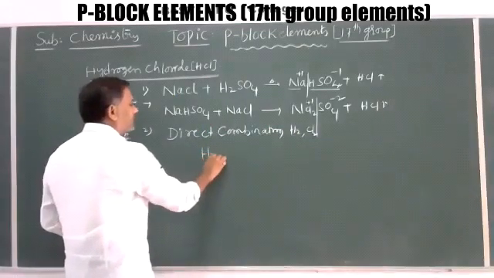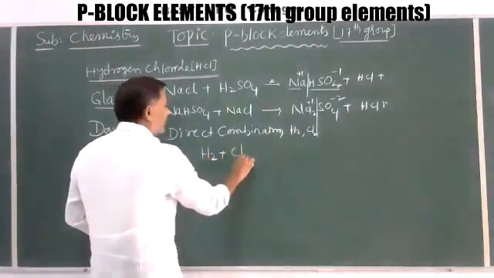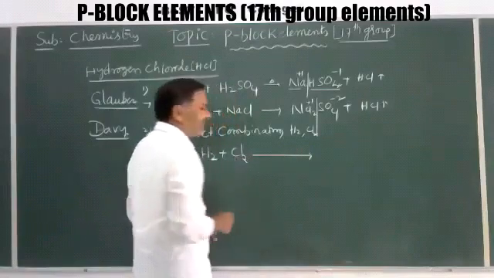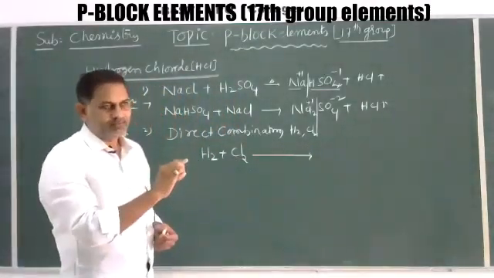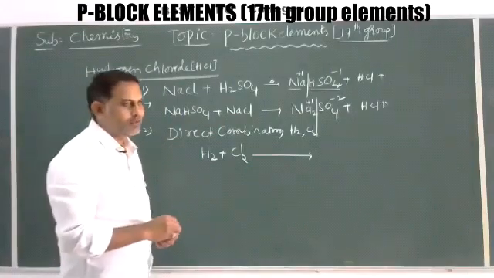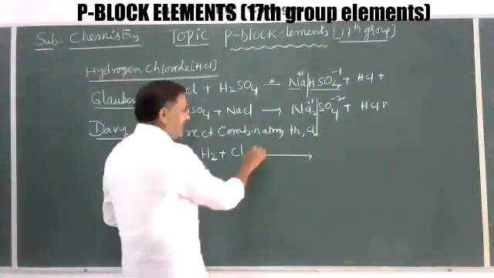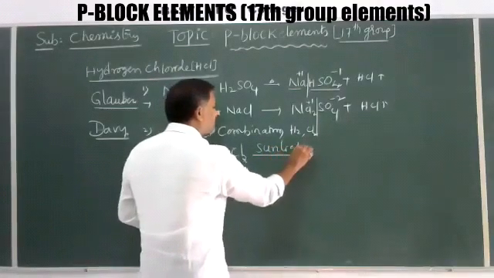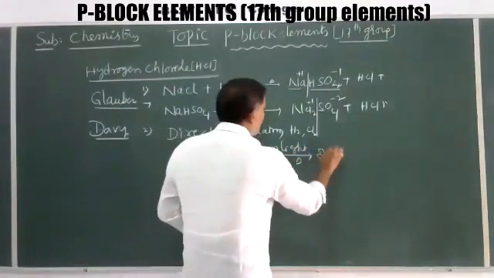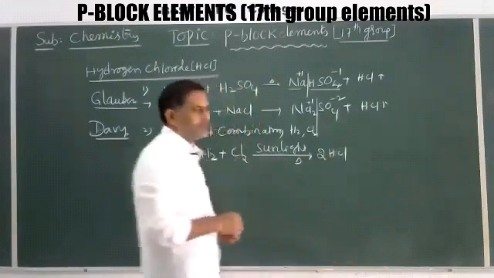Now, here the hydrogen is reacted with chlorine. In the presence of dark, it is a slow reaction, but it is carried out in sunlight, UV light. In the presence of sunlight, it gives hydrogen chloride, HCl.